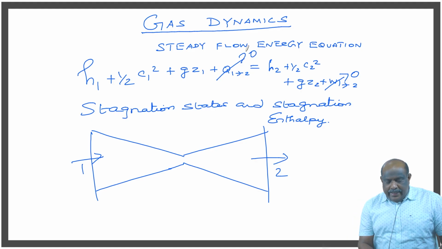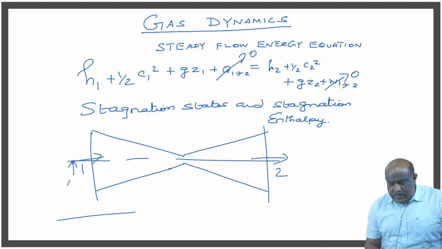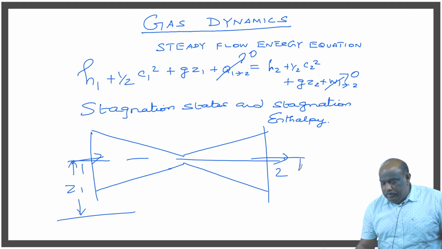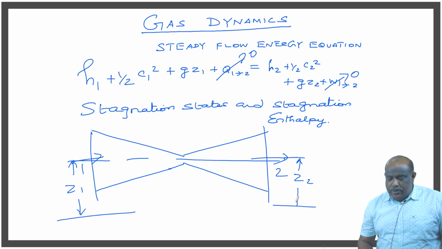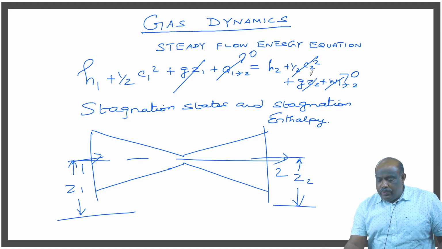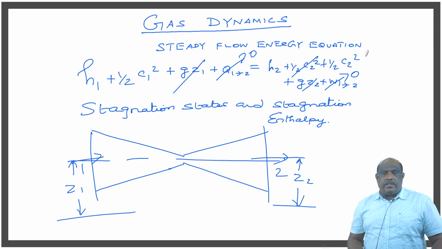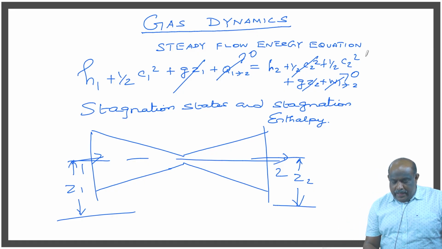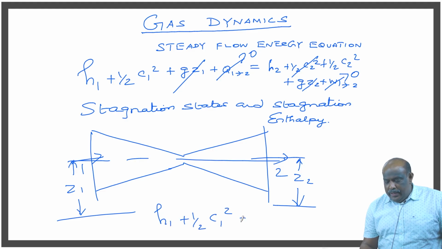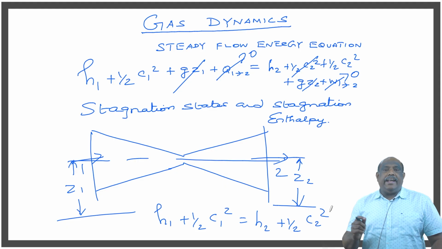The datum or height, the potential energy, can also be neglected because z1 is equal to z2, and hence I can cancel off z1 and z2. Now the steady flow energy equation reduces to h1 plus half c1 squared is equal to h2 plus half c2 squared. This equation is called the adiabatic energy transformation.